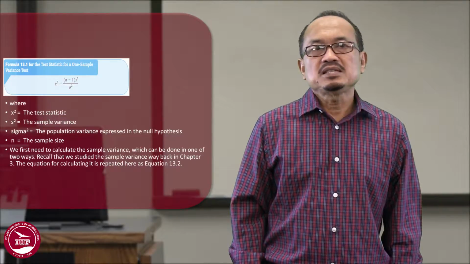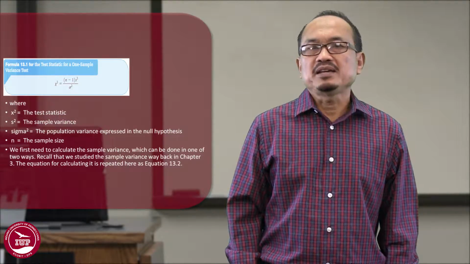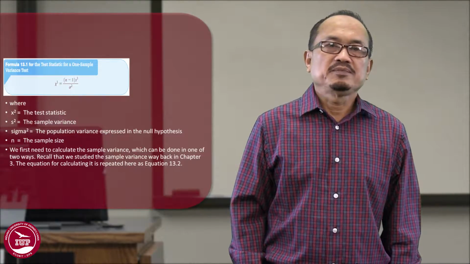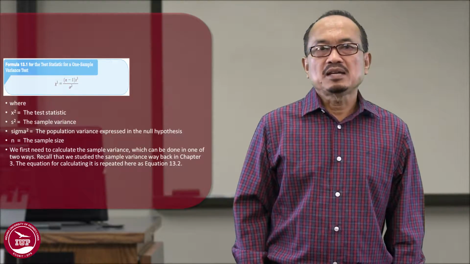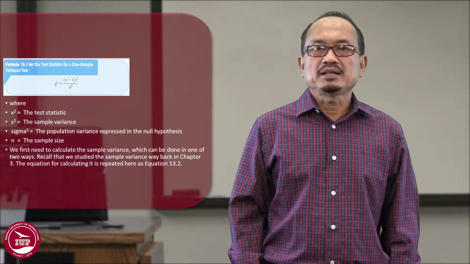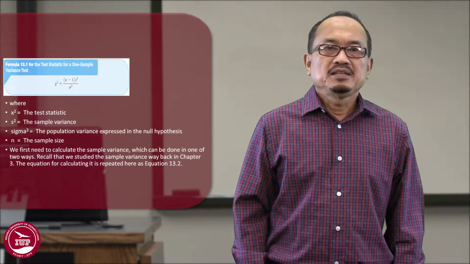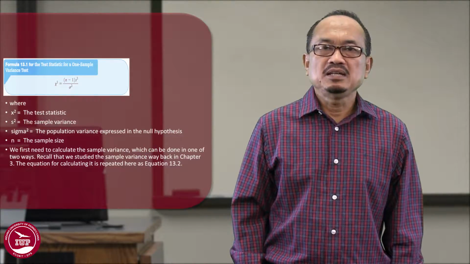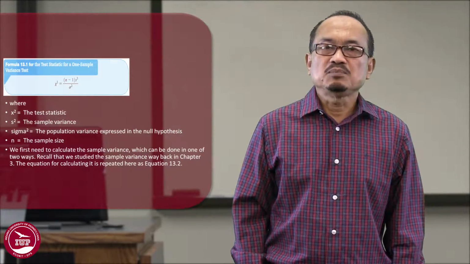We first need to calculate the sample variance, which can be done in one of two ways. Recall that we studied the sample variance way back in Chapter 3. The equation for calculating it is repeated here as equation 13.2.